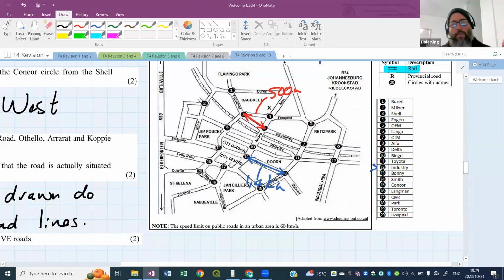Let's look at the map, okay? So let's pretend that from Shell to Alpha, or Alpha to Shell, let's imagine a ruler measurement of, let's say, 2 centimeters, okay? If I call that red line there 2 centimeters, how long do you think this blue arrow is over here at the bottom?